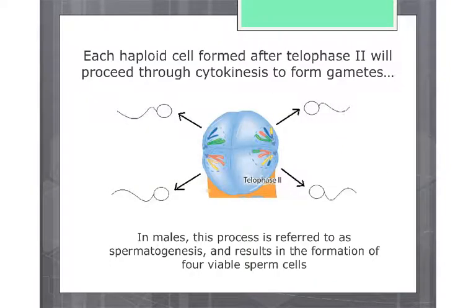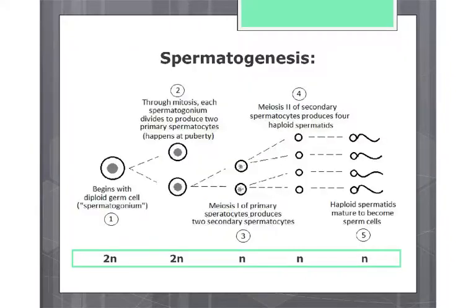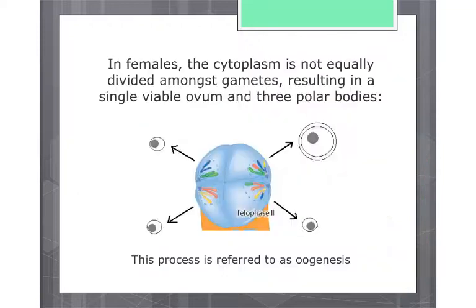Okay, each haploid cell formed after telophase 2 will proceed through cytokinesis to form gametes. So in this case, this is where we get our 4 sperm or 4 eggs in spermatogenesis or oogenesis. Okay, so a little bit more detail of spermatogenesis if you'd like to read through it. Same thing with the females.